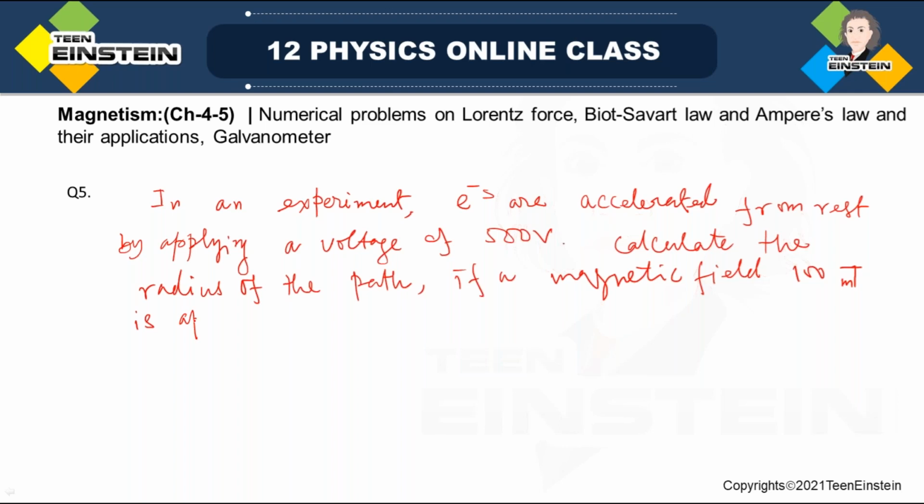Okay, so this is the question. There are a few options, I'll give you the options also here. Options are: A, 7.5; B, 7.5 into 10 to the minus 4 meter. These are all meter. Option C is 1.5 into 10 to the power minus 7.